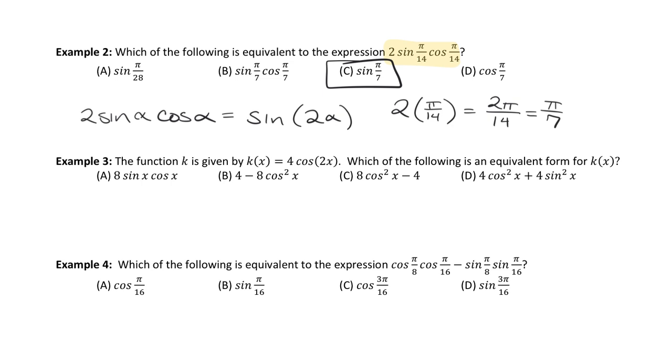We have to recognize the pattern that they've given to us and work backwards. We are starting to recognize that this looks like the formula on the front of the paper, which is equal to sine of 2 alpha. Just take the angle, pi over 14, multiply it by 2. It's the same as sine of pi over 7. That is double pi over 14.